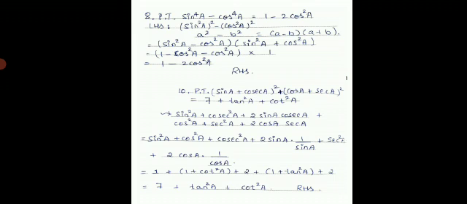After using the identity, we get sin square of a plus cosec square of a plus 2 sin a into cosec of a, this is the first bracket expansion, and the second bracket expansion is cos square of a plus sec square of a plus 2 cos a into sec of a.